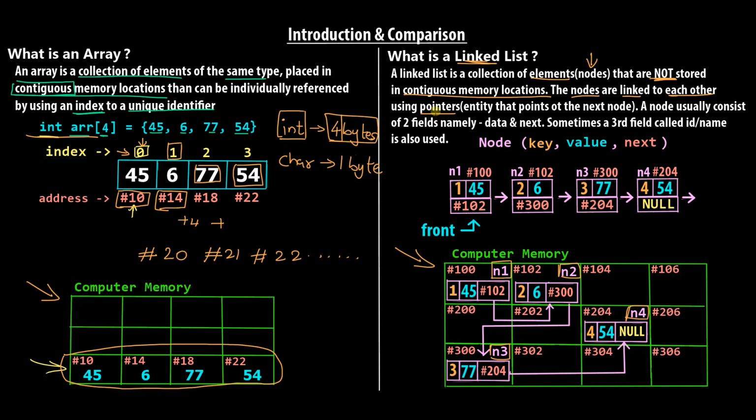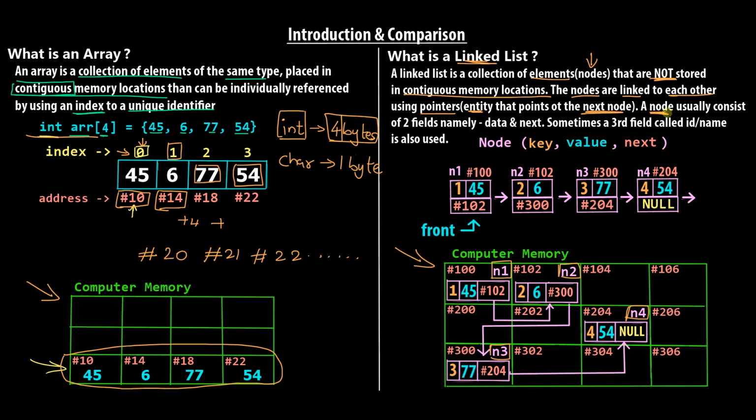So pointers is not literally pointers, because then it would only be available in C and C++. A pointer is nothing but an entity that points to the next node. Now of course in C and C++ we use the concept of pointers, but in other general purpose programming languages we have different methodologies. So essentially this pointer is nothing but an entity that points to the next node so that there is a link.